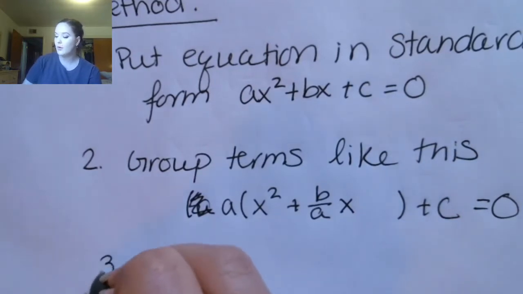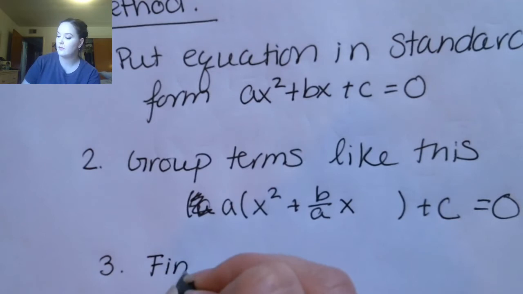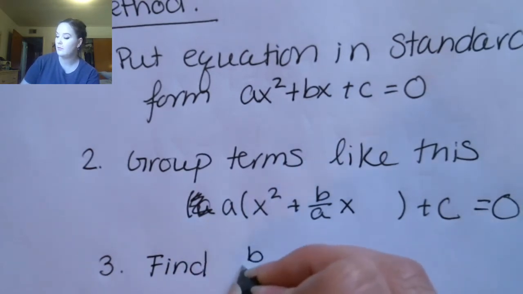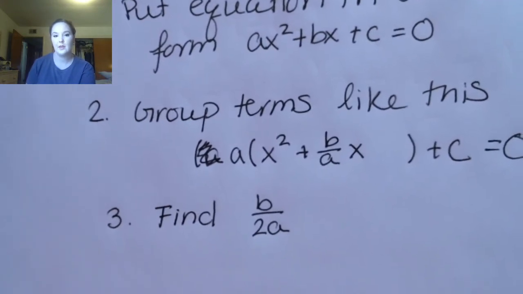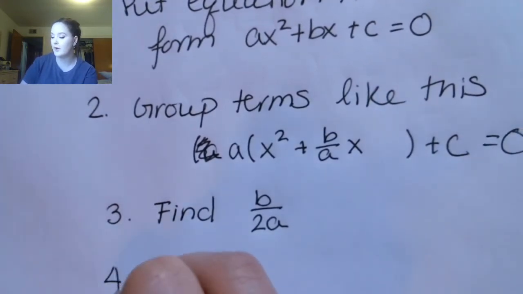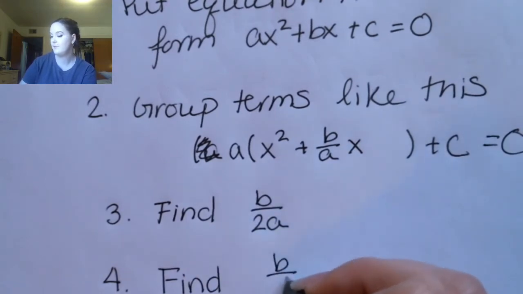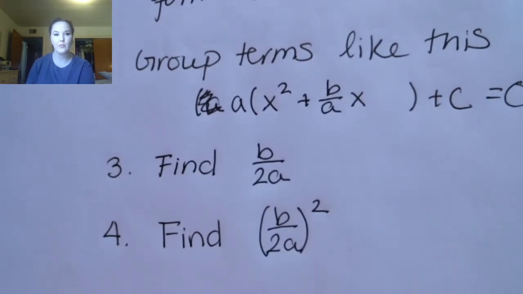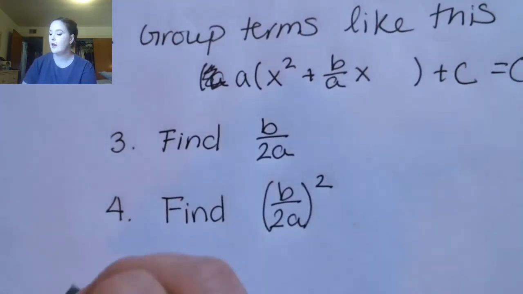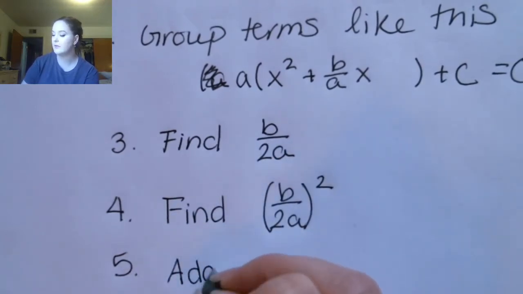Then we are going to find b over 2a, and then we are going to square it. After we do this, we're going to add and subtract this value.